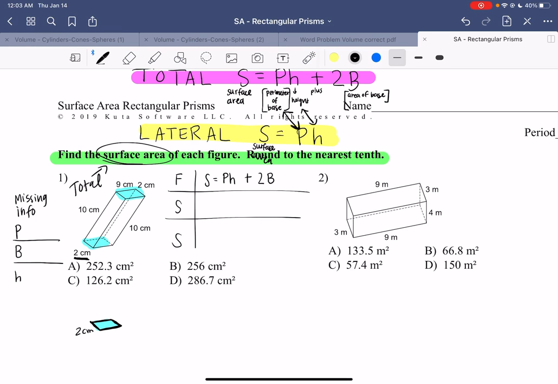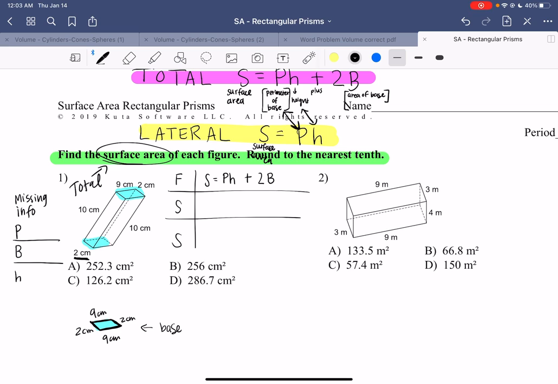So our other side of our rectangle is going to be 9 centimeters. So now we have 2 centimeters, 9 centimeters. So now we have our base. This is the base of our rectangular prism.